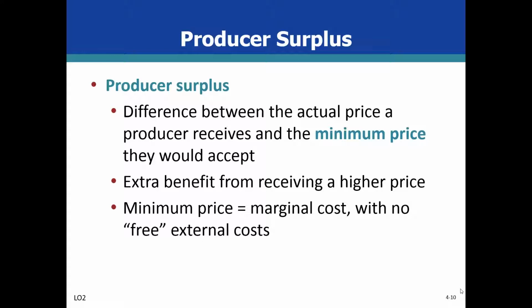But it can also be viewed as the opportunity cost of bidding away resources from another project. So here we have market price and the minimum I would accept as a producer to bring that product to market, because I have to trade off other stuff. I have to trade off opportunity cost to bring that product to market.